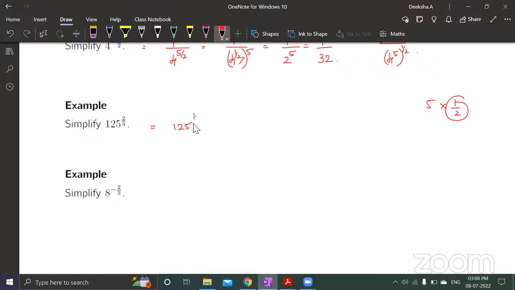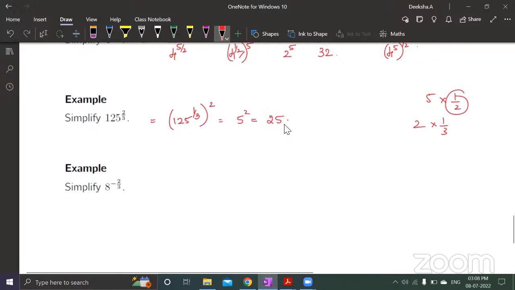So I will write 1 by 3, whole power 2. 2 by 3 we will write as 2 into 1 by 3. I am first applying the fractional power. So the cube root of 125 is 5. 5 into 5 into 5 is 125, right? 5 cube is 125. So the cube root of 125 is 5 and 5 square is 25.